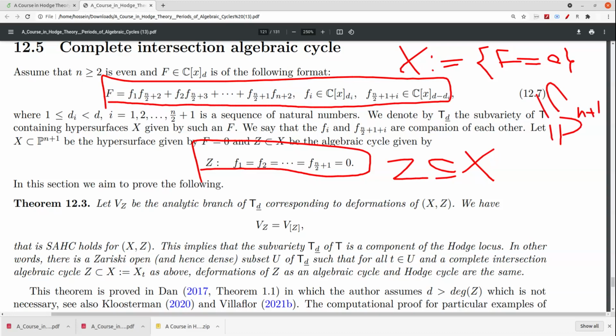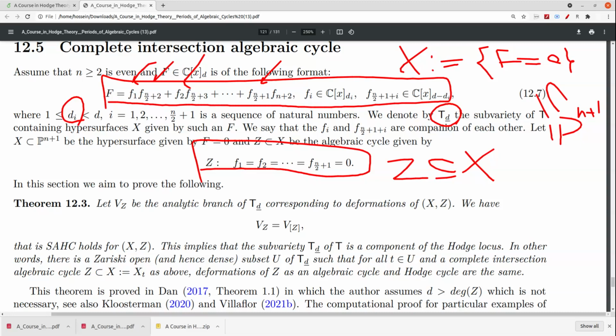And so in the parameter space of degree d hypersurfaces, I'll denote by T underline d the space of these polynomials or hypersurfaces. So d underlined means this collection of all these d_i's, which are the degrees of this f_1, f_2, up to f_(n+1). So this is of course an algebraic set, but once again I will consider it just as a local analytic variety.